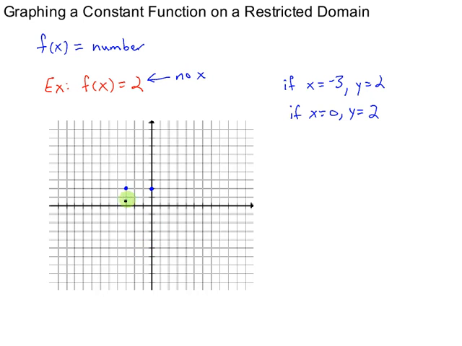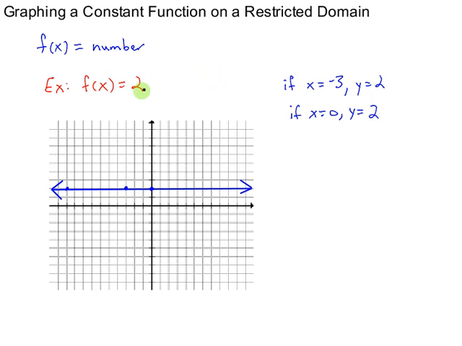And so you can start to imagine that no matter what x value you plug in, y is going to be 2, right? So if you were to graph that, you end up with this horizontal line at +2.